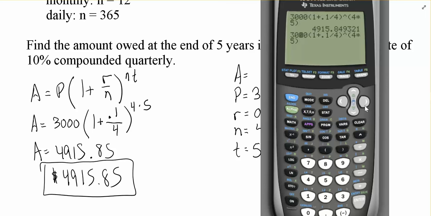Without those parentheses, I'm hoping that we would catch our error. If you forgot those parentheses, that's when you get a ridiculous answer. We had a $3,000 loan that we need to pay back $16,000 on. That's ridiculous, so hopefully that's an error you would catch and say, whoa, that's wrong. So catch our errors, and think about whether our answers make sense.